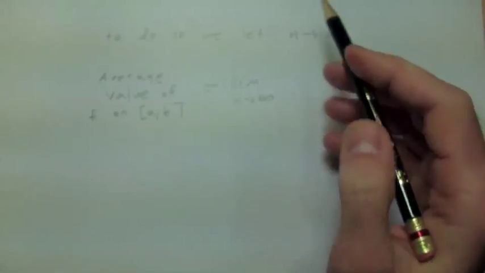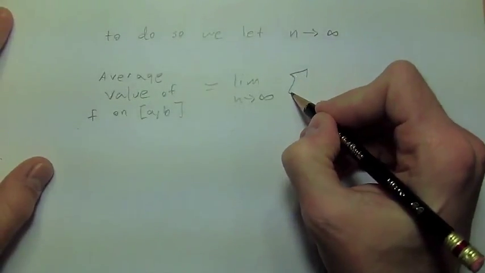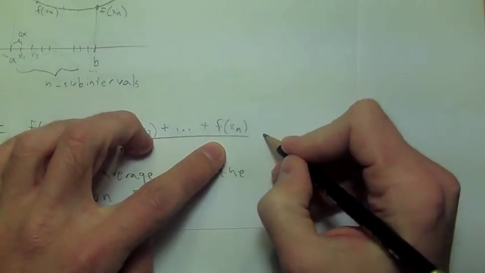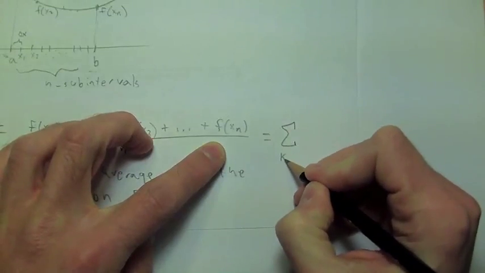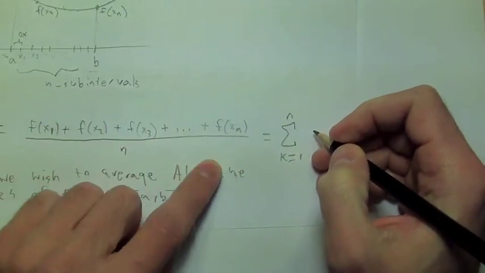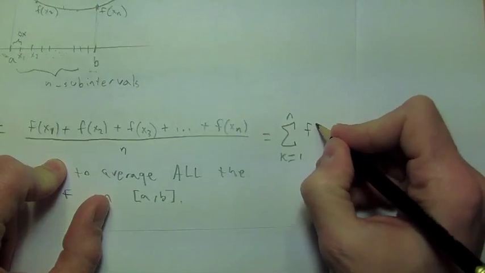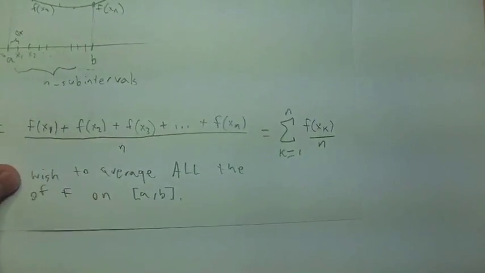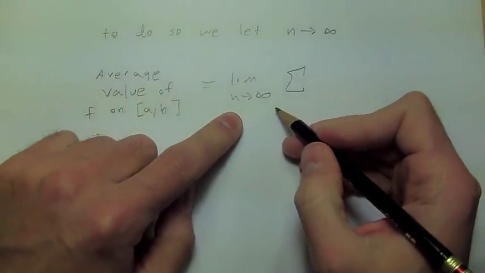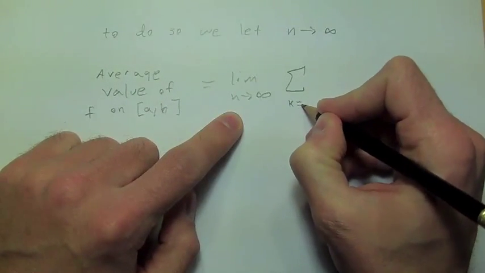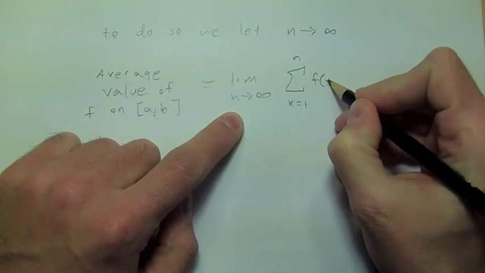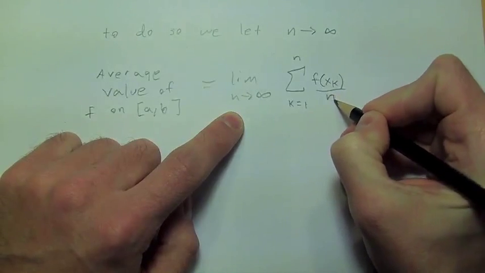And I'm going to write this with the sum notation we talked about before, that sigma notation, going from 1 to n, of f of x sub k divided by n. Okay, so we are looking at the limit as n goes to infinity of the sum, k ranging from 1 to n, of f of x sub k divided by n.